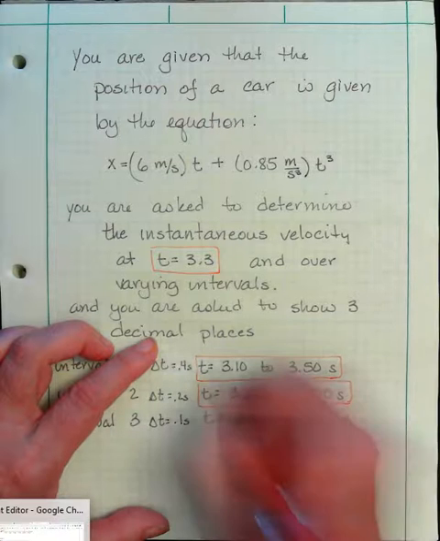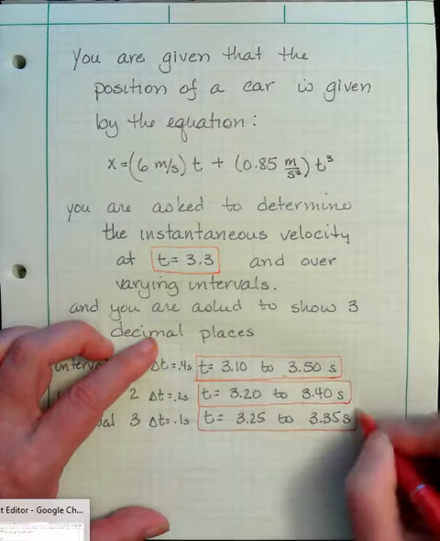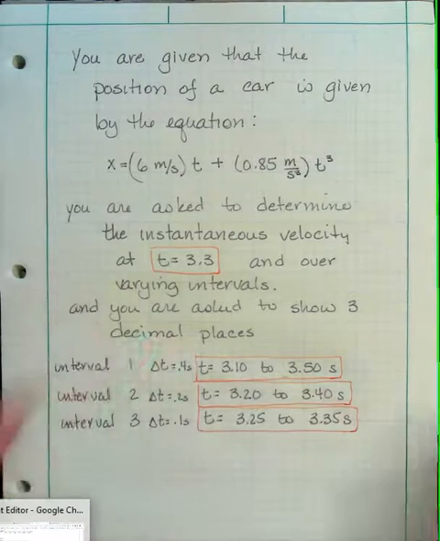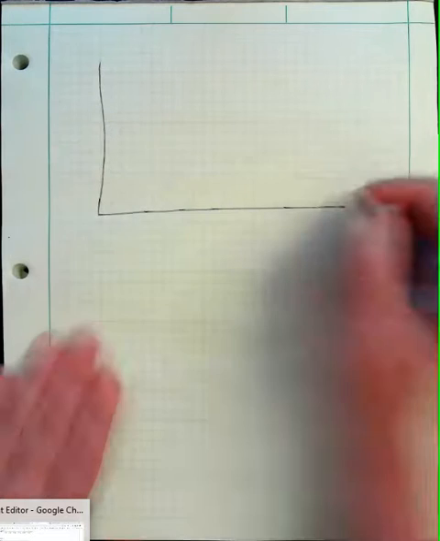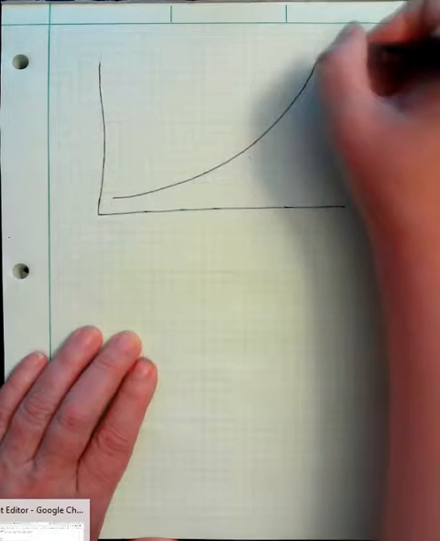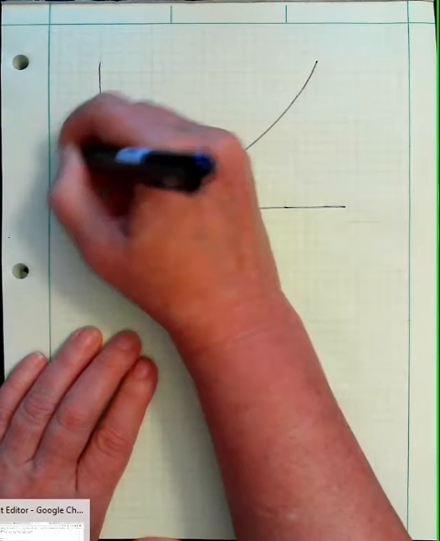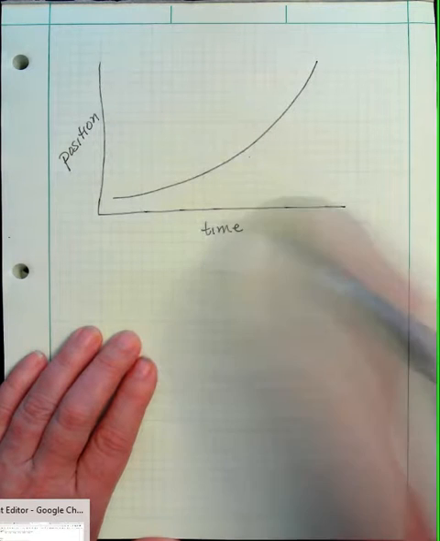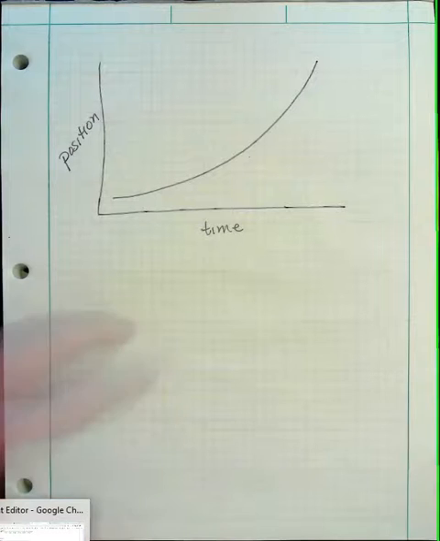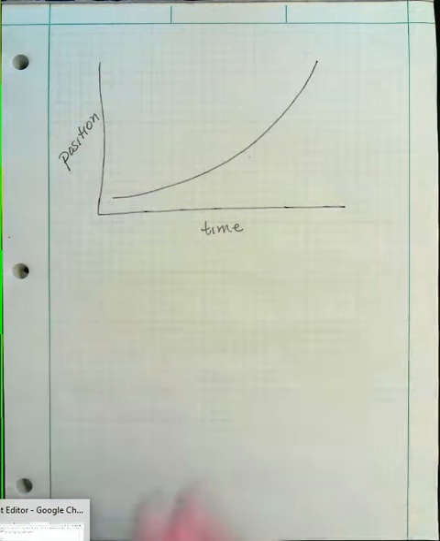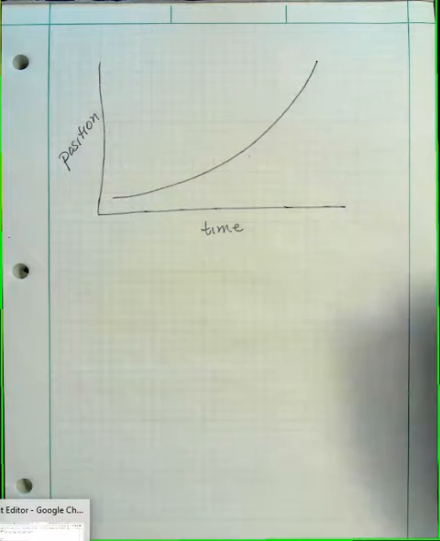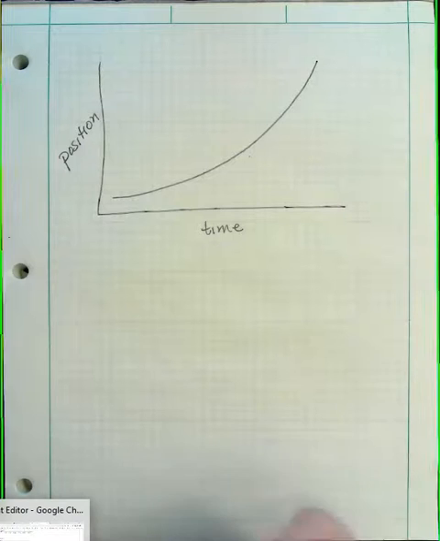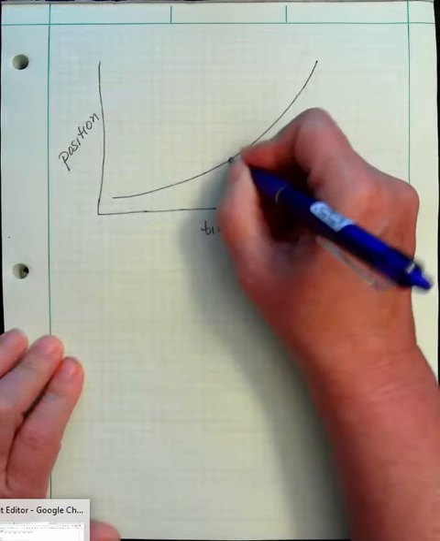So I want to go back and remind folks about what is exactly happening here. Let's look at a graph. Anytime I'm looking at a curve, and this happens to be a position versus time graph, because remember, we are putting the mathematics back to our description, and I want to find the instantaneous velocity, I'm looking for that point.